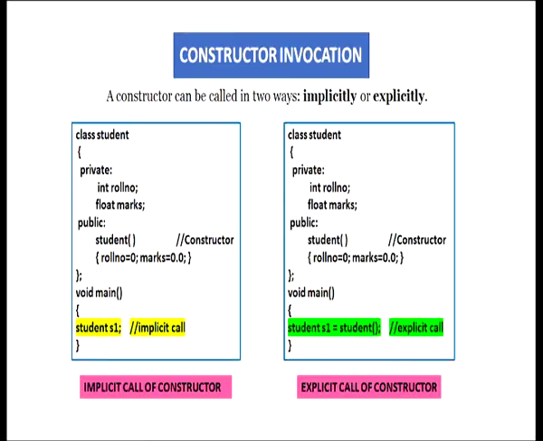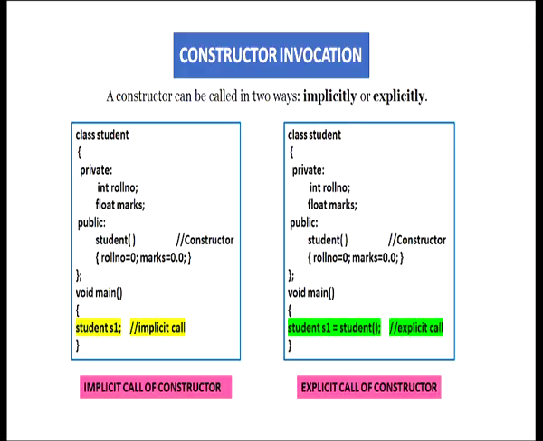Constructor invocation. A constructor can be called in two ways, implicitly or explicitly. Let us understand it with the help of an example. Now, we will take the example of class student again with private data members as roll number and marks, and in the public section we are declaring the constructor which has the name student again, which is the same name as that of the class, and in the body of the function we are assigning some initial values to the data members.